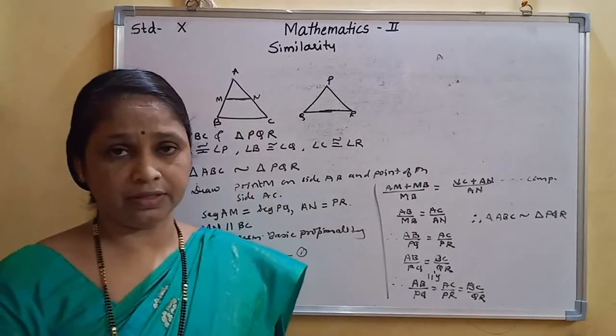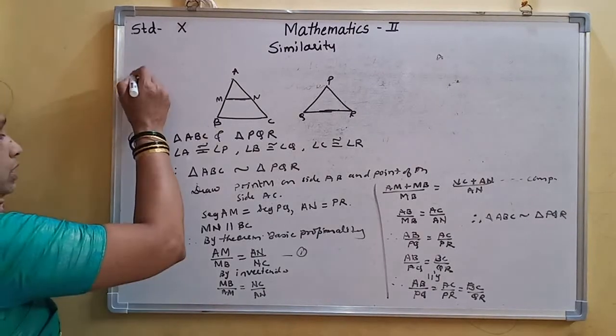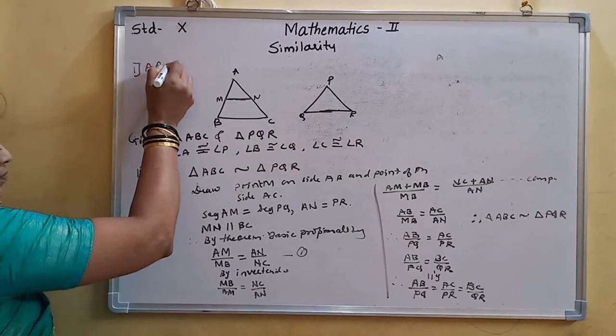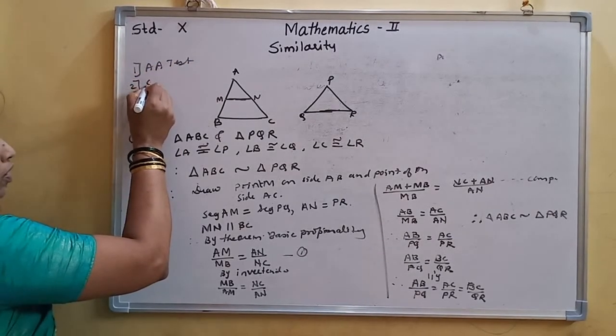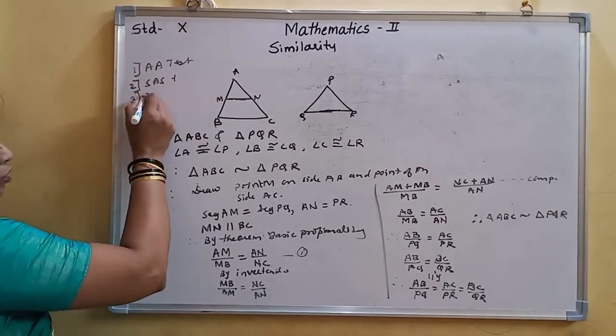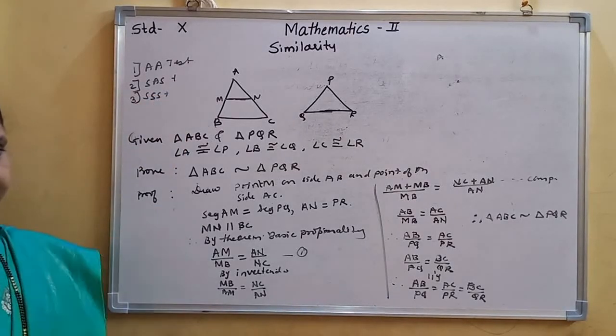Now in this way we have to prove for other tests also. Now this we have proved for the AA test of similarity. Now same way we can prove for the SAS test of similarity, and third we have to show it for the SSS test of similarity.